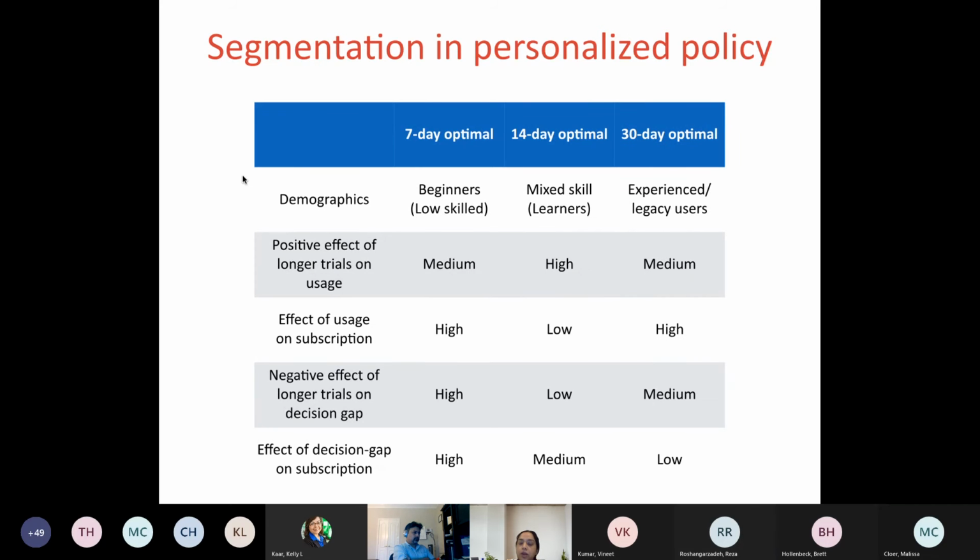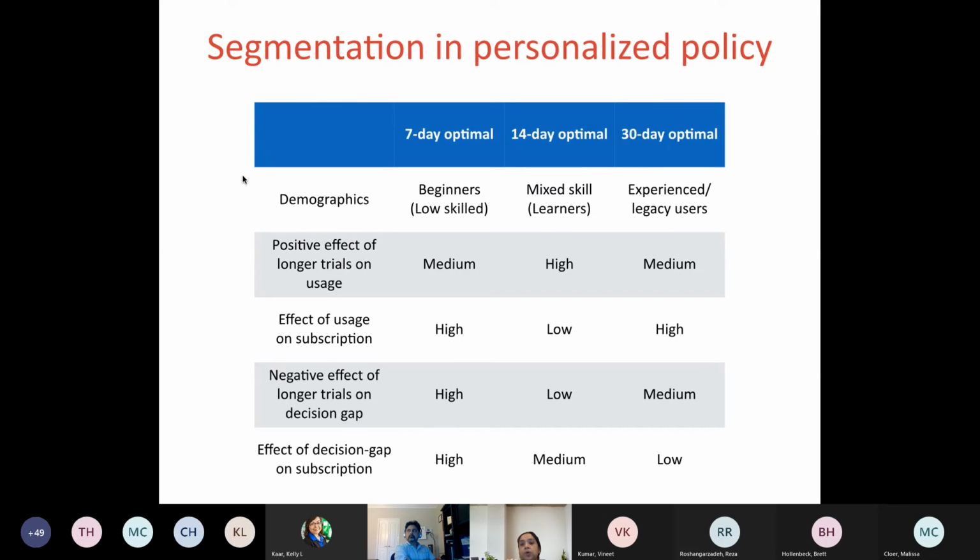Whereas if you look at these 30-day optimal people, we see that there is a big positive effect of longer trials on usage, and this translates to more subscriptions. But these are also the people for whom we don't see so much negative effect of this gap of not using the product.